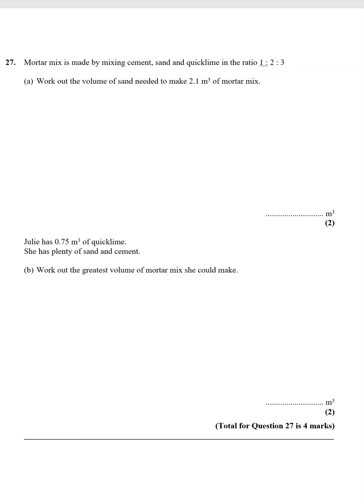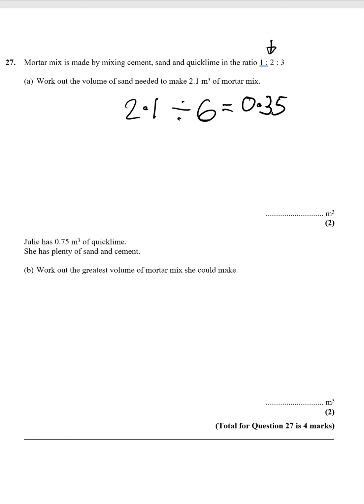Right, we now have mortar mix, which is made by mixing concrete, cement, sand and quicklime, 1 to 2 to 3. Work out the volume of sand needed. So sand is the middle one. So if we do 2.1 divided by 6 because it's the total, gives us 0.35.